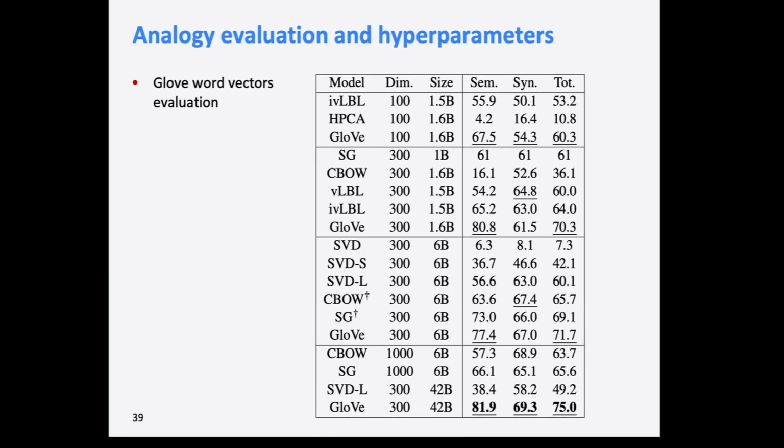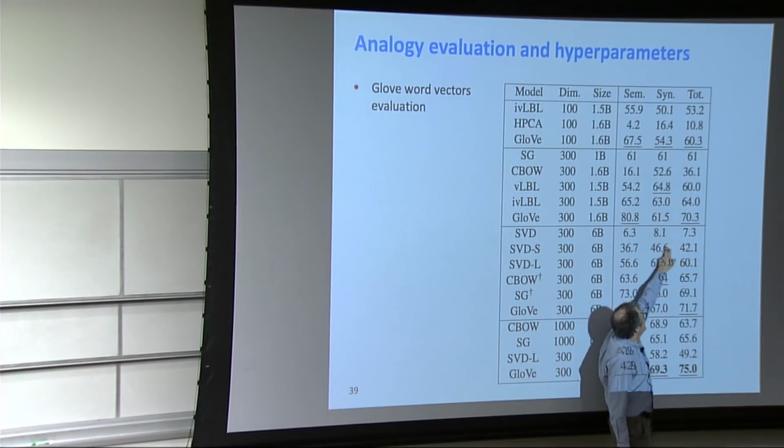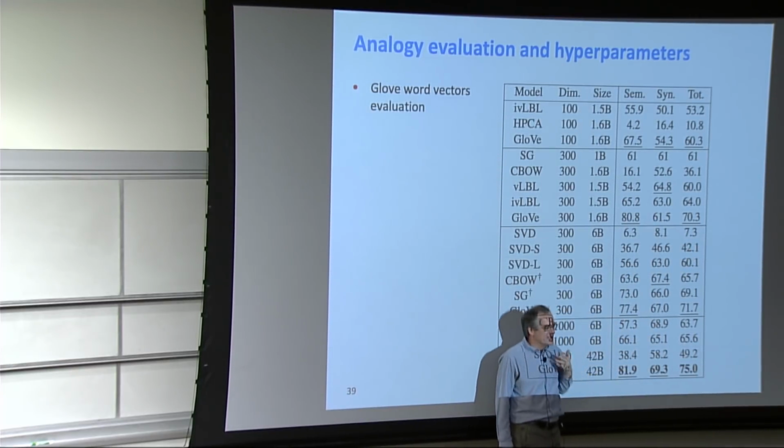Here's a big table of results that comes from our GloVe paper. Not surprisingly, the GloVe paper performed best in this evaluation because it was our paper. But perhaps the things to start to notice is, if you just do a plain SVD on counts, that works abominably badly for these analogy tasks.